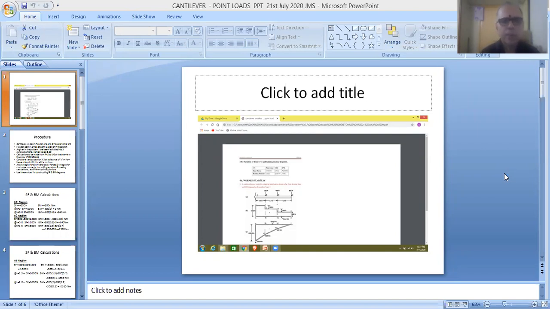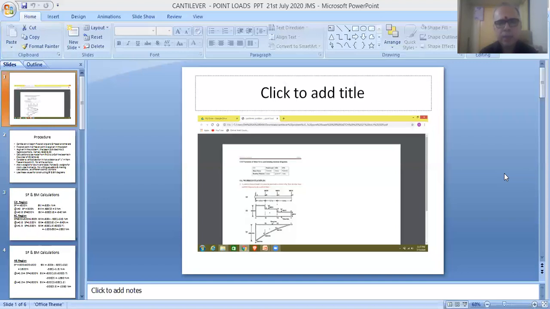This cantilever is defined as a beam that is fixed at one end and free at another end. So a beam which is fixed at one end and free at another end is called a cantilever.